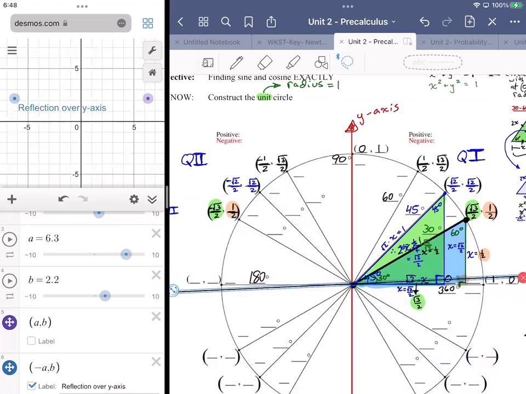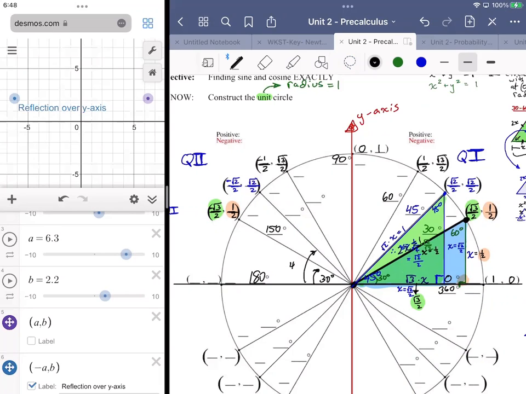So with that in mind, I could then say, this one would have to be a 30-degree reference angle, but in this direction, which would make it 150 degrees. The second one would be a 45-degree angle, but in a clockwise, reverse direction, making it 135.